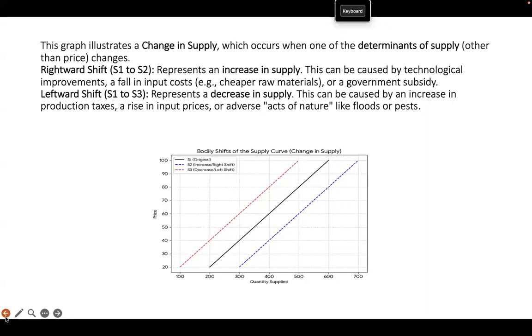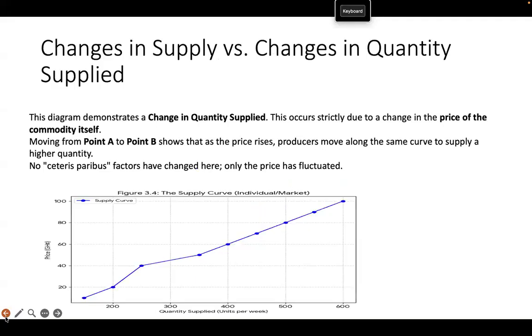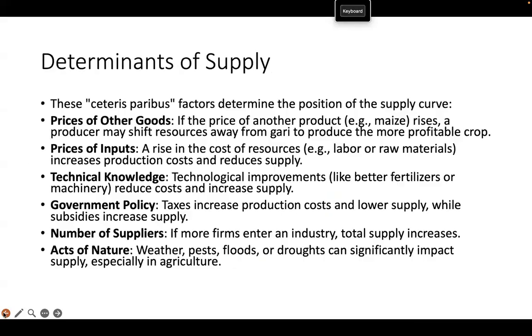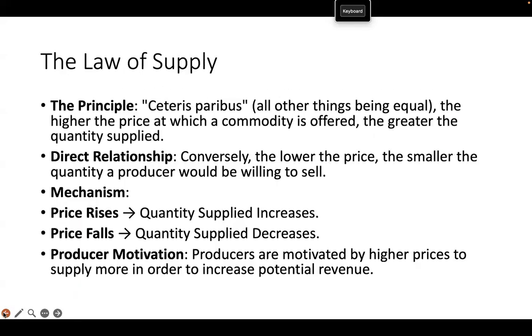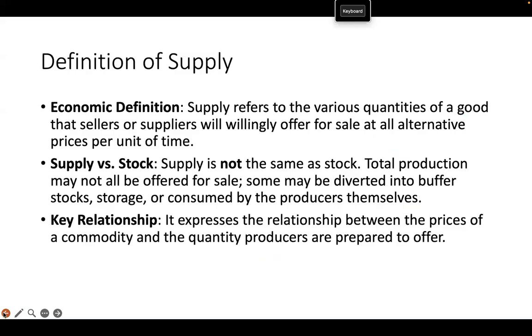Hello, sir. So I think in the definition, the graph illustrates changes in supply. Now move forward, where we left off.